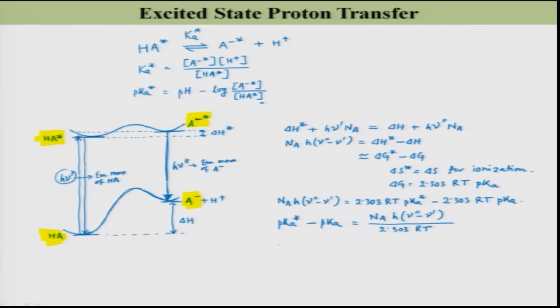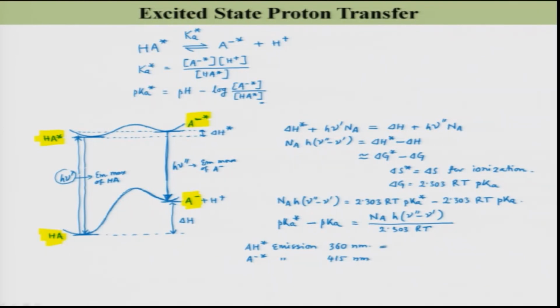Let's say, for example, I should give you an example, for this 2-naphthol, I showed, AH star emission is at 360 nanometer, and A minus star emission is at 415 nanometer.